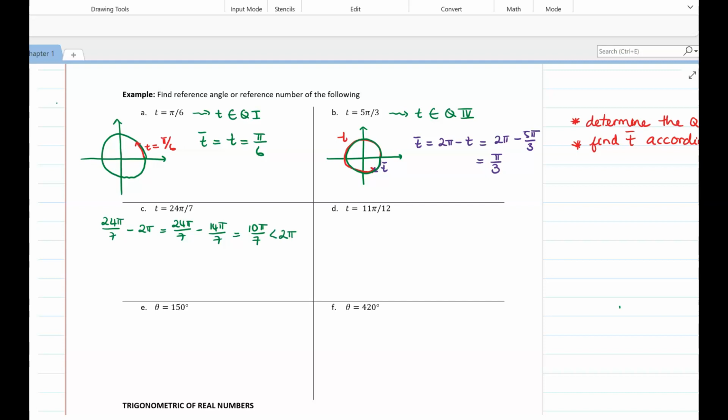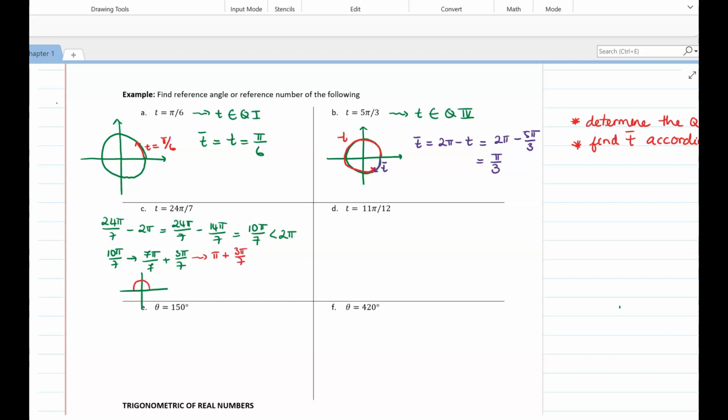10 pi over 7 is the same as 7 pi over 7 plus 3 pi over 7. So for the location of 10 pi over 7, 7 pi over 7 is simplified as pi, plus 3 pi over 7.